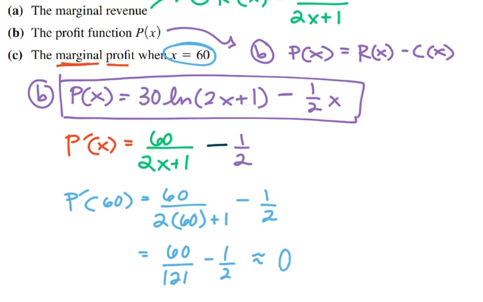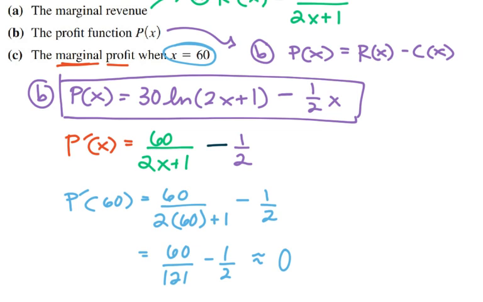So what does this mean? The marginal profit, the additional profit from selling one extra unit when we have 60 items manufactured, that additional profit is essentially 0, or there is no profit from selling those additional items.